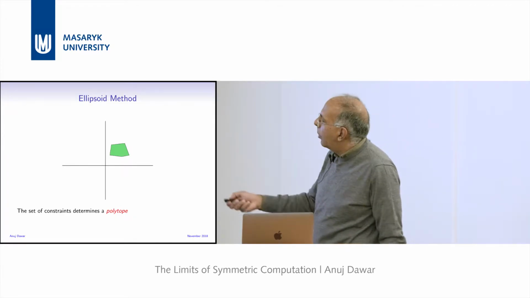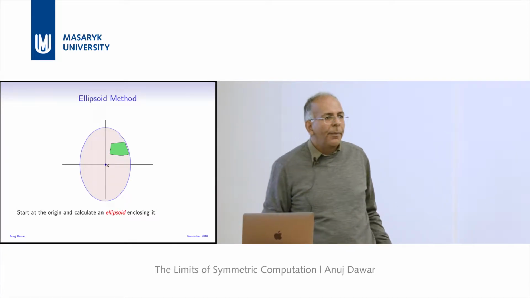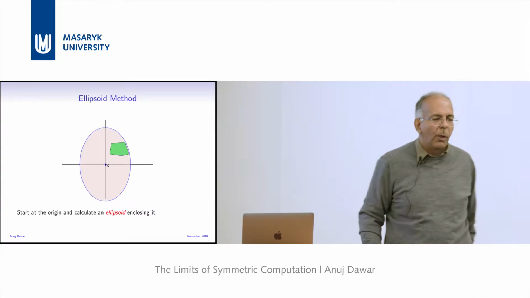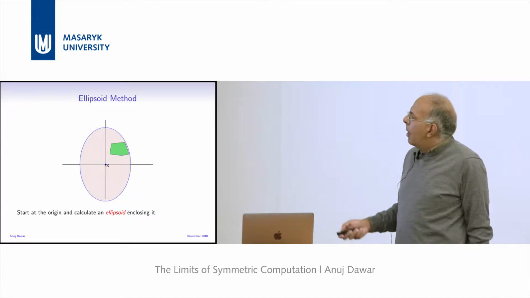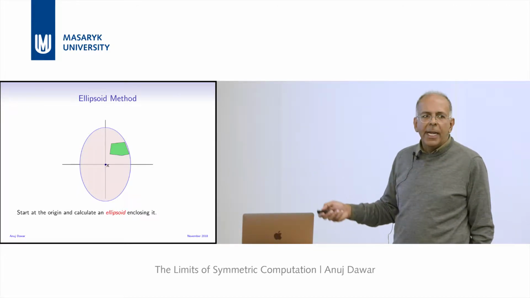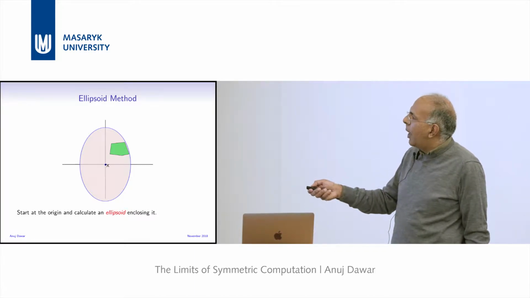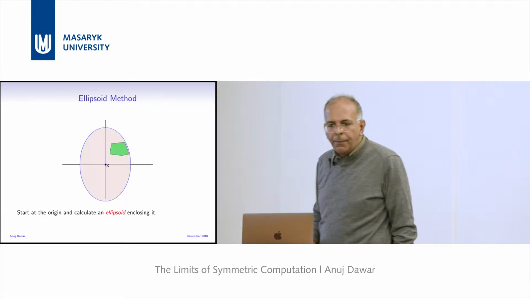How does the ellipsoid method work? It says you start with some point. You may as well start with 0. And you check, does it satisfy all the constraints? The answer here is no, because it's outside that region. But now, based on the bit complexity of these different constraints, you can calculate a certain ellipsoid around this point, which is guaranteed to include the region.